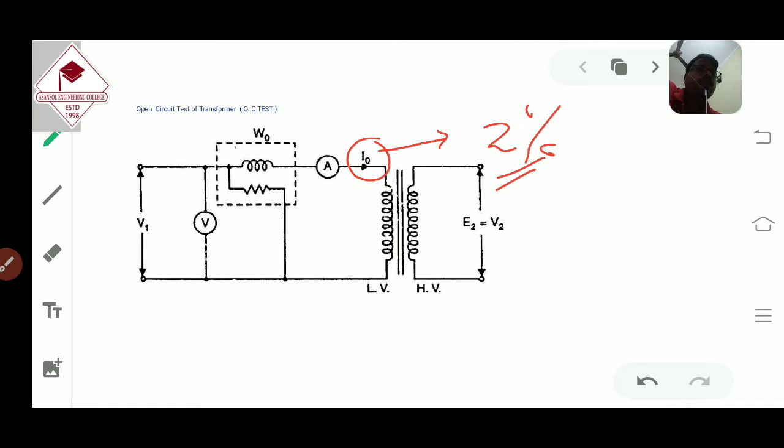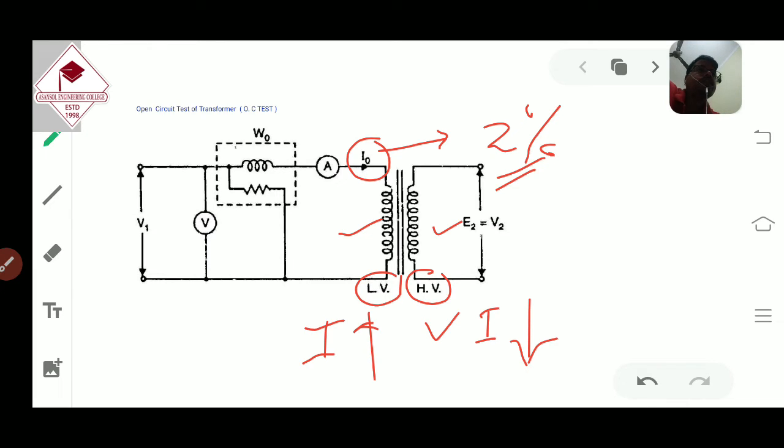Now you tell me, on which side, high voltage side or low voltage side, the current is comparatively low? Since the power in both circuits is the same, where the voltage is high, the current should be low, and where the voltage is low, the current should be high.